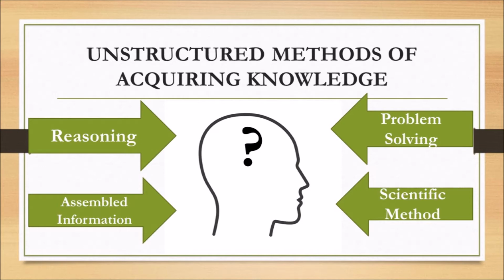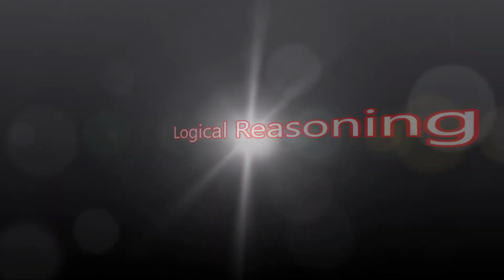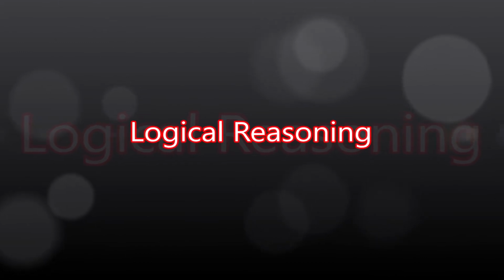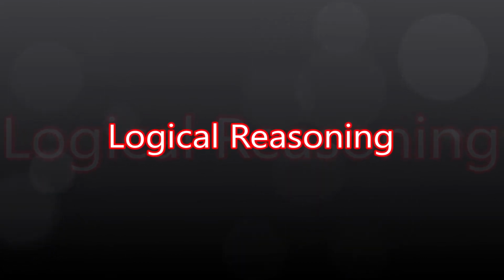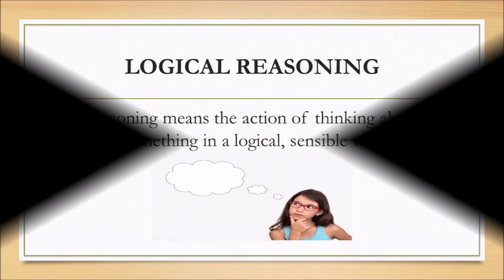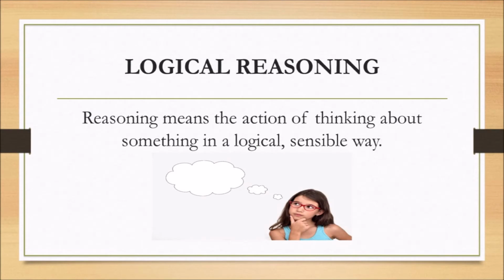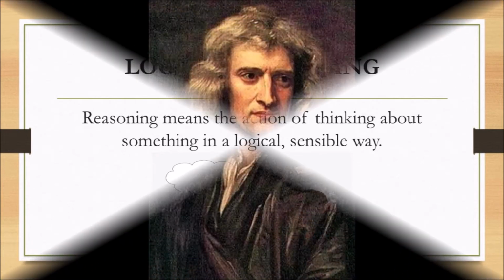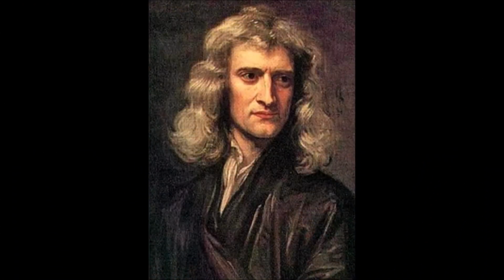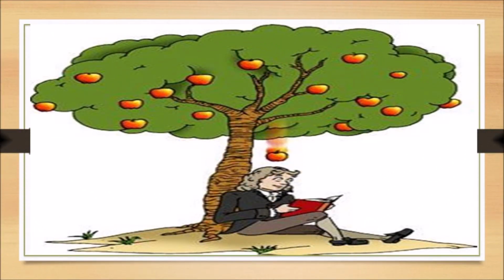Friends, let us begin with the first type of structured method of acquiring knowledge, that is logical reasoning. Reasoning means the action of thinking about something in a logical or sensible way. Here I want to take an example of Sir Isaac Newton. When he was a child, he witnessed an incident of a mango falling down from a mango tree while standing beside it.